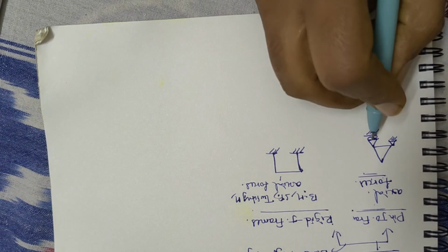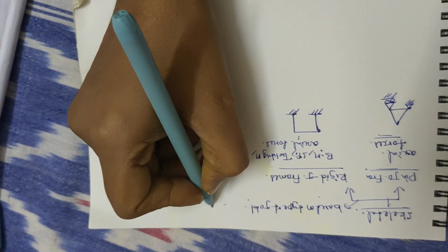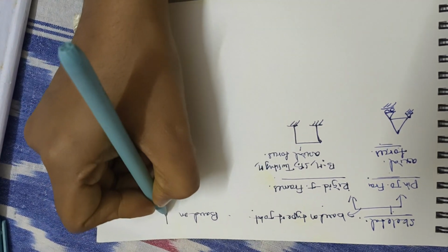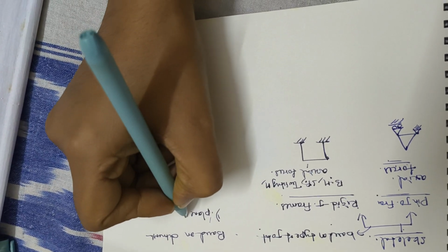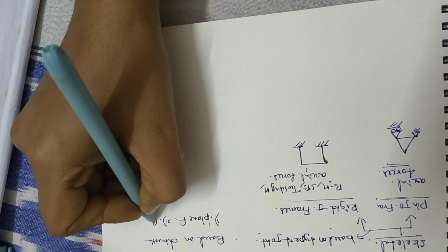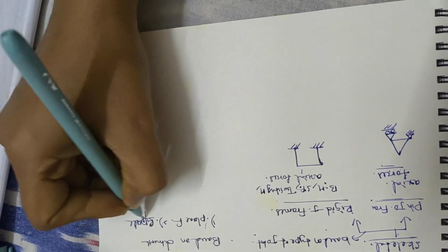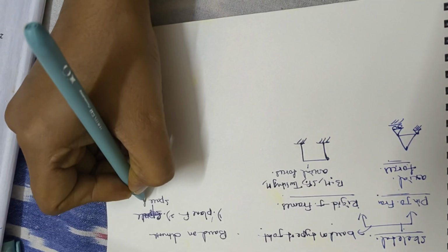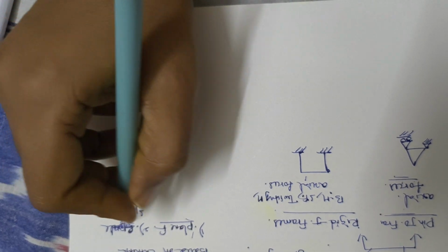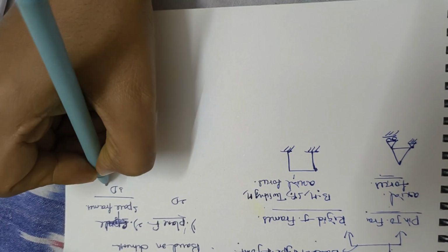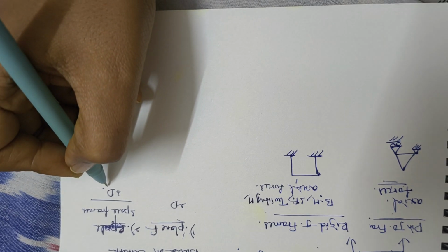Next, based on dimensions. The previous category was based on type of joint, right? The next category, based on dimensions: first plane frames, and second space frames, meaning 2D and 3D structures.